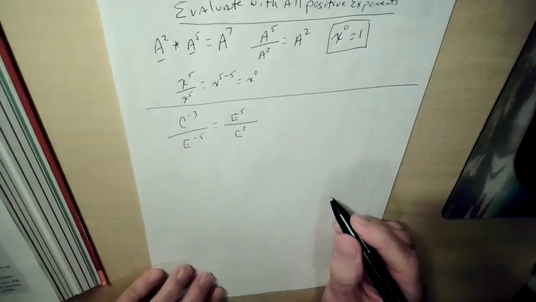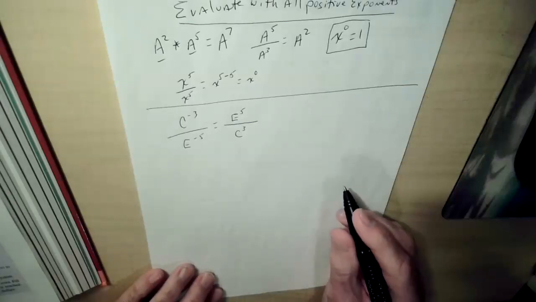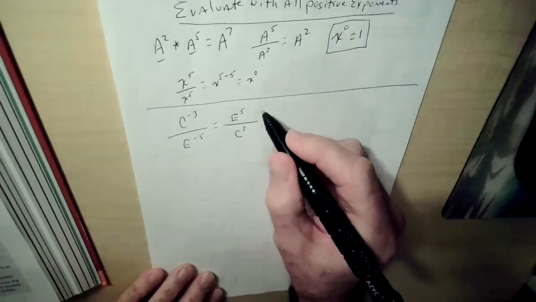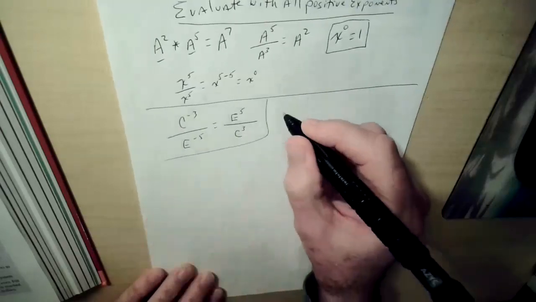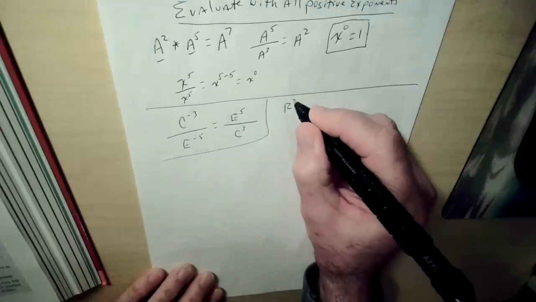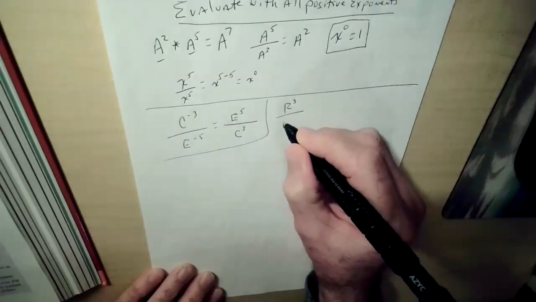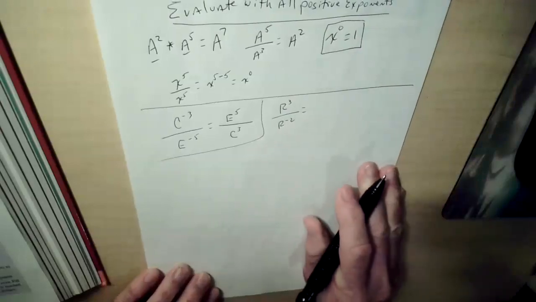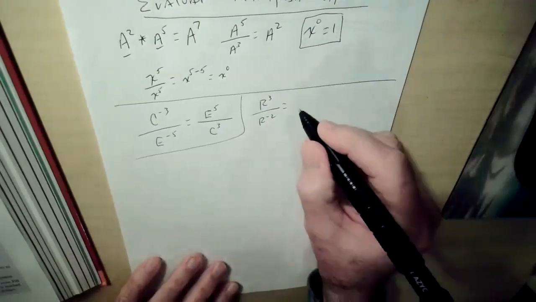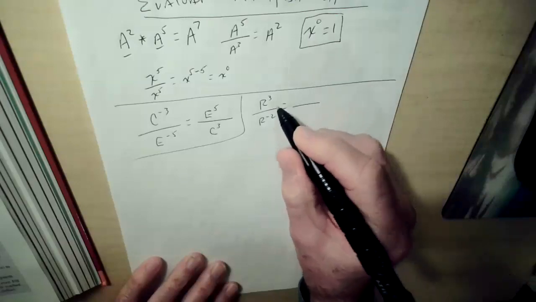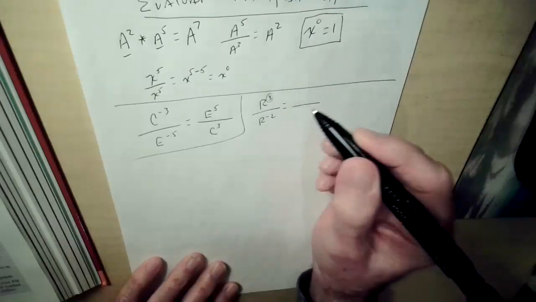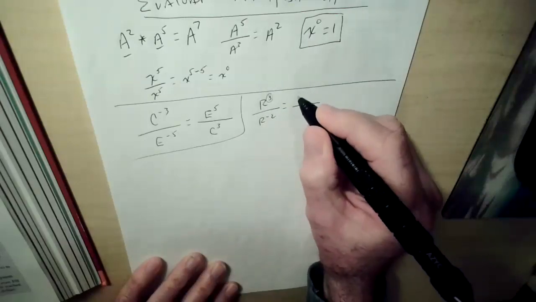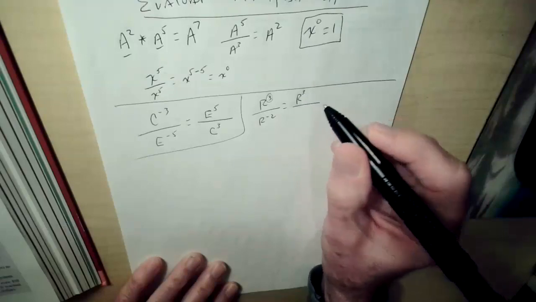Okay. And what do we have here? Now, if you have this, you have r to the 3rd divided by r to the negative 2nd. Again, take these one at a time. Call the fraction bar. R to the 3rd, that's already positive, so it stays where it is. That's r to the 3rd.